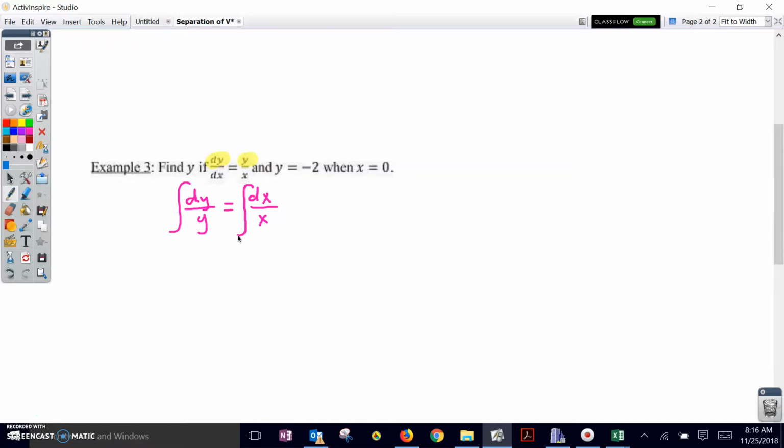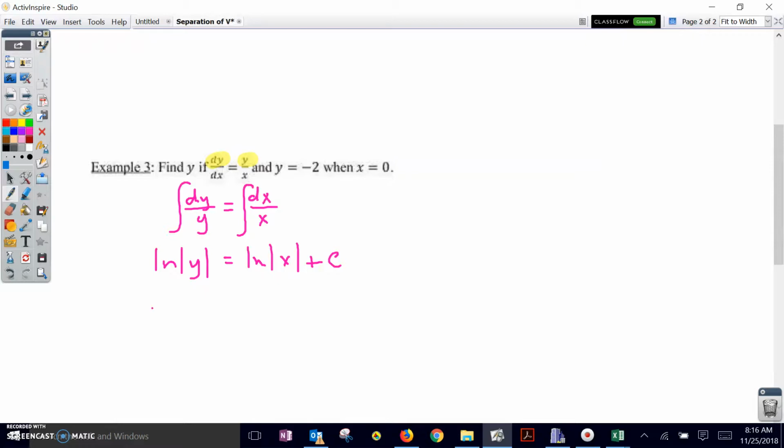The integral of dy over y is the natural log of the absolute value of y plus c, but I'm going to put my c on the other side. And the antiderivative of dx over x is the natural log of the absolute value of x plus c. Alright, now in order to solve this equation for y, we're going to raise e to both sides.